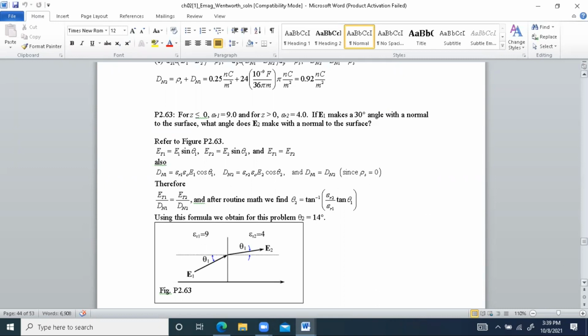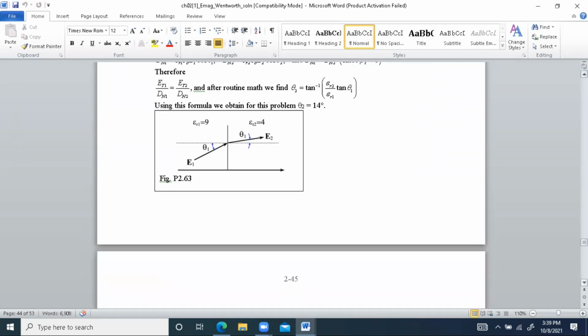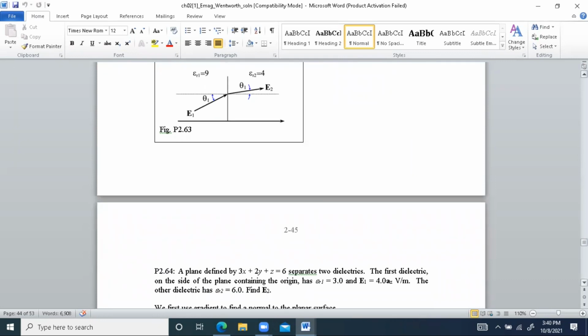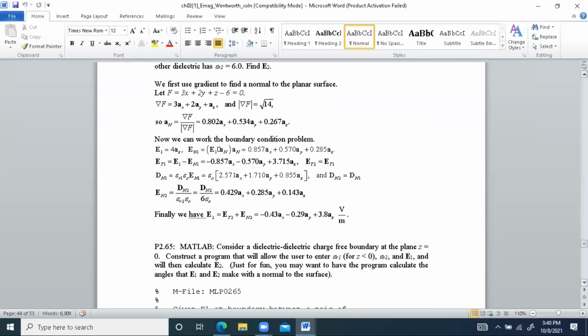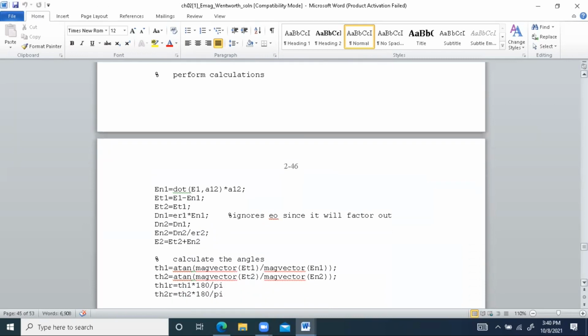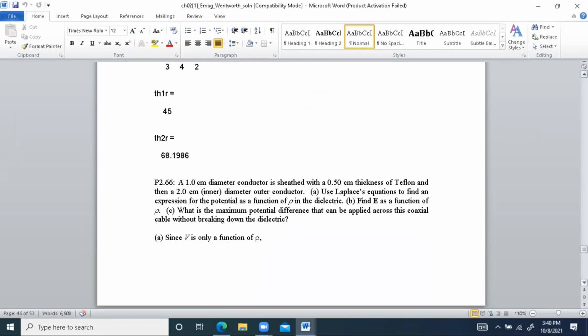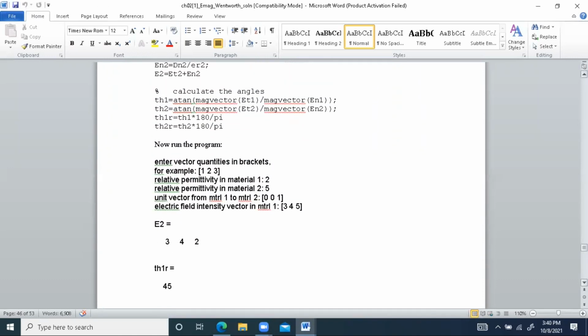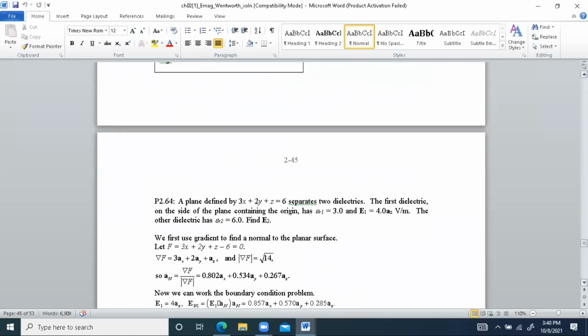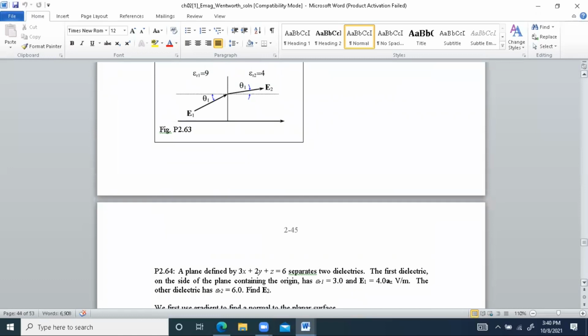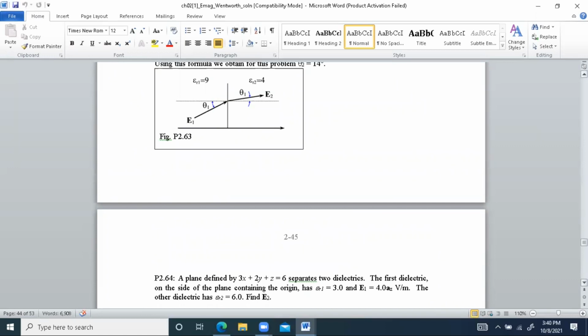I'll give them one more like that, sir. I'll do that for next week. A plane defined by that separates two dielectrics.